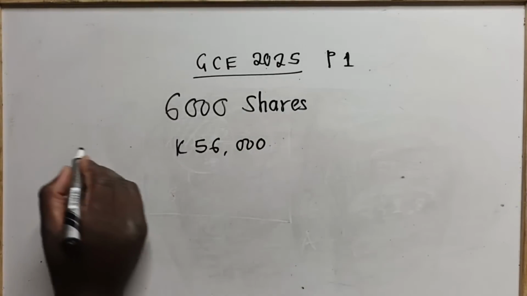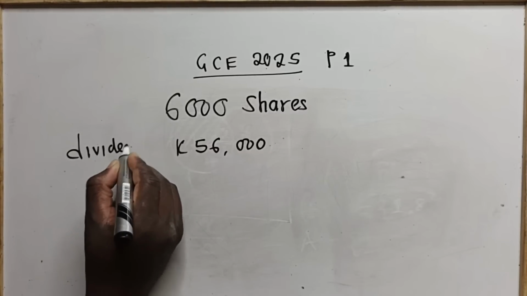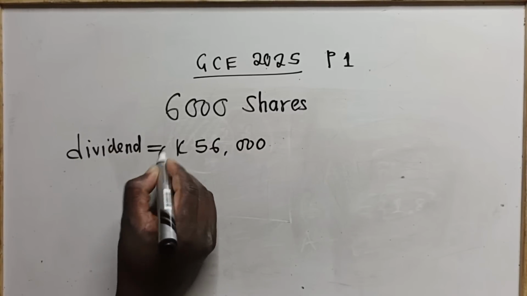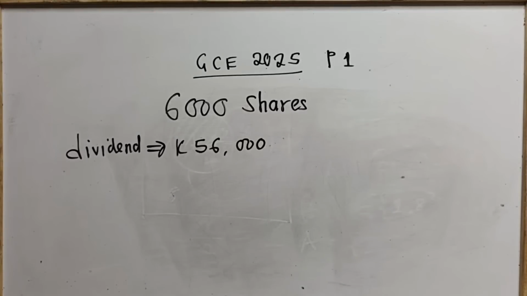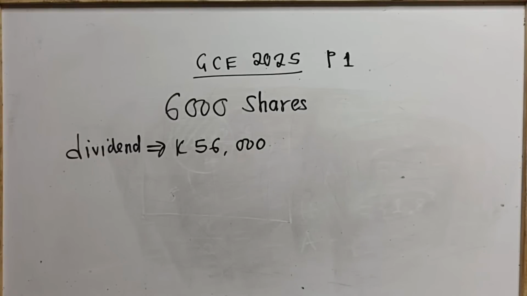So this is the dividend the company declared, and the number of shares is 6,000.